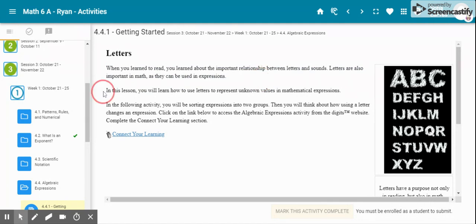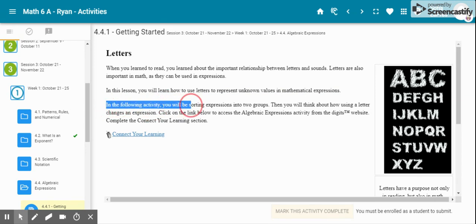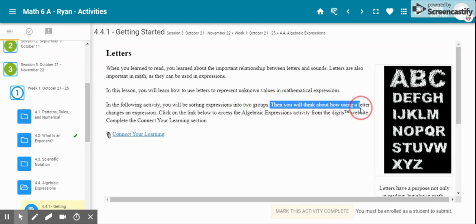In this lesson, you will learn how to use letters to represent unknown values in mathematical expressions. So I'm going to walk through this following activity where we'll be sorting expressions into 2 groups. Then we'll be thinking about how using a letter changes an expression. So let's click on this link. And if you'd like to go back and do this on your own, you can.